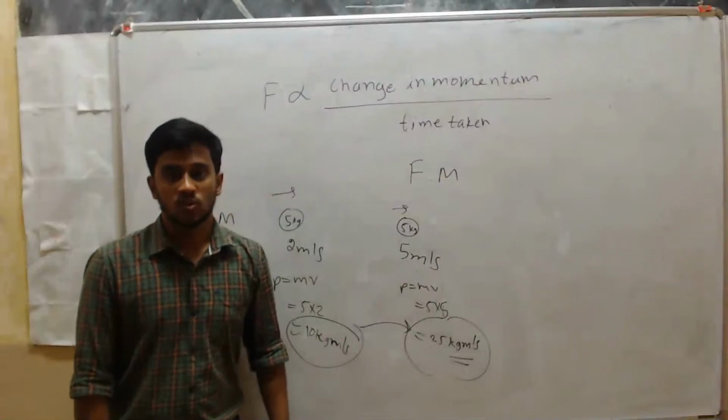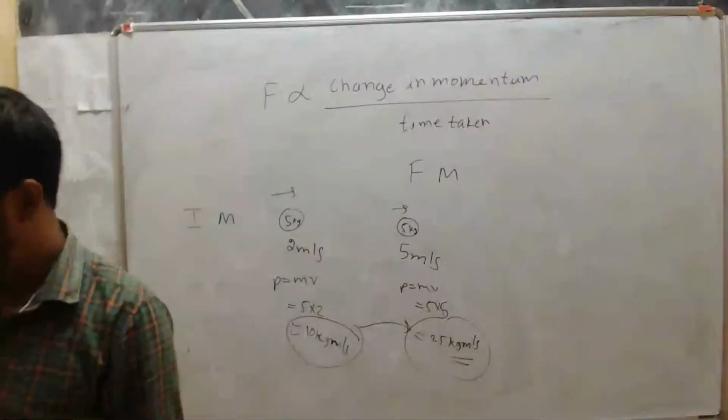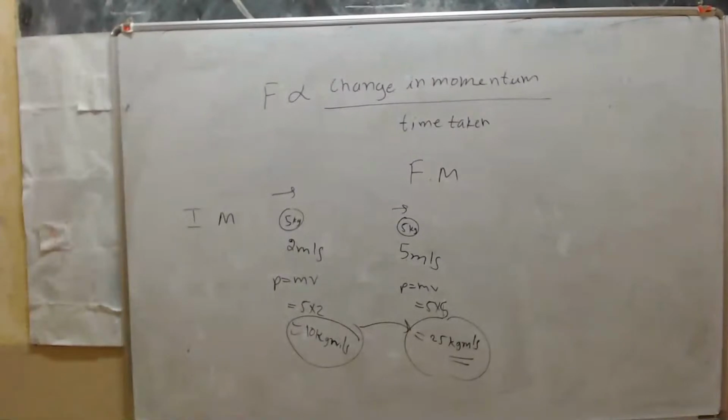So got it? What is the second law of motion, Newton's law of motion? The rate of change of momentum of a body is directly proportional to the force acting on it, and takes place in the direction of the force.